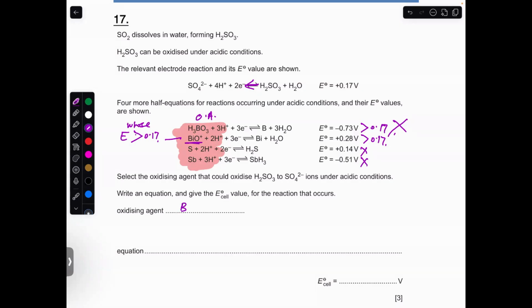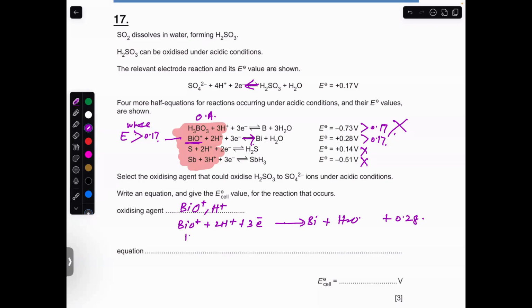So what is the oxidizing agent? BiO plus, acidified. So this one will go in the forward direction. BiO plus 2H plus 3 electrons to Bi plus water, and 0.28.